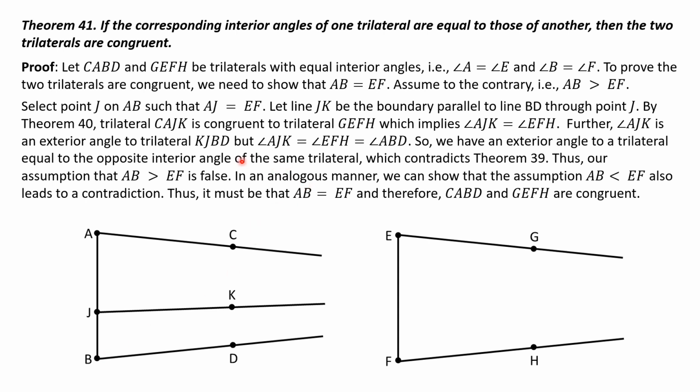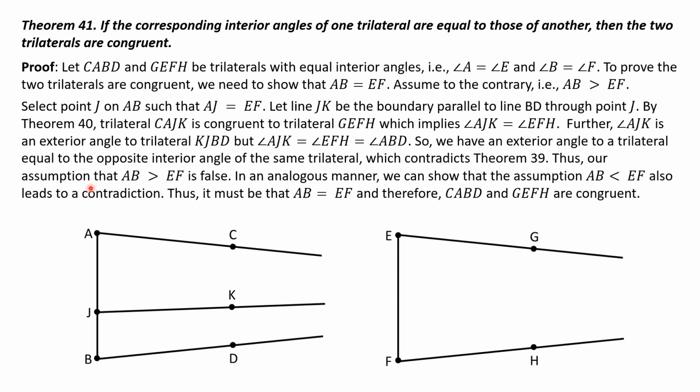However, we have that AJK equals EFH. That's how we constructed it here. But EFH equals ABD. And so the exterior angle to the trilateral is equal to the opposite interior angle of the same trilateral. And that's a contradiction to theorem 39.